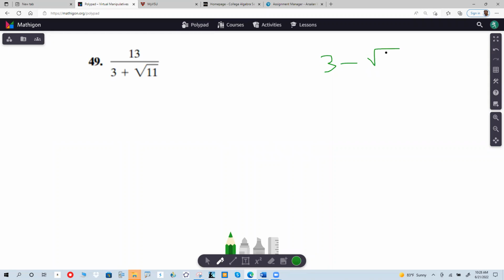If this was minus, the conjugate would be plus. So just a little bit of a review here. I can multiply the top and bottom of any fraction by the same number, and I choose to multiply it by the conjugate, and I'll tell you why.